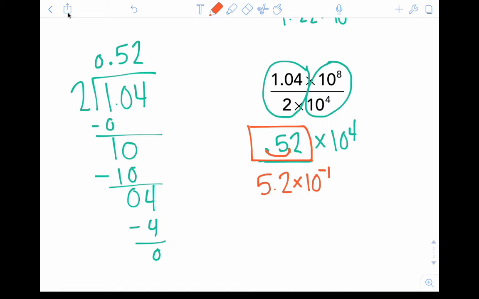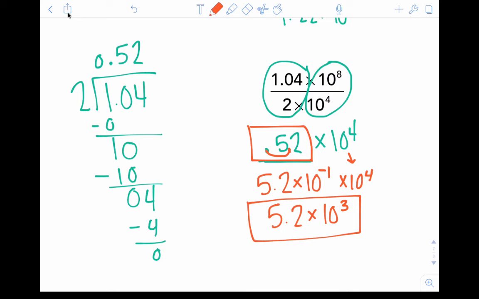So 0.52, written in scientific notation, is 5.2 times 10 to the negative first, and now I'm going to bring down that times 10 to the 4th and write my final answer. So I have 5.2 times 10, add the exponents to get 10 to the 3rd. And this right here is my final answer.